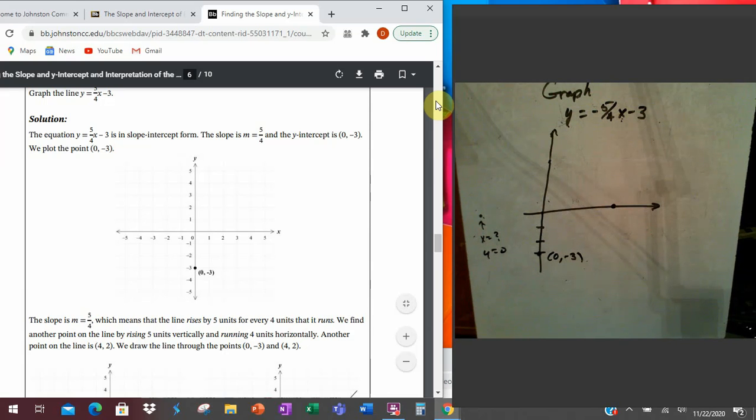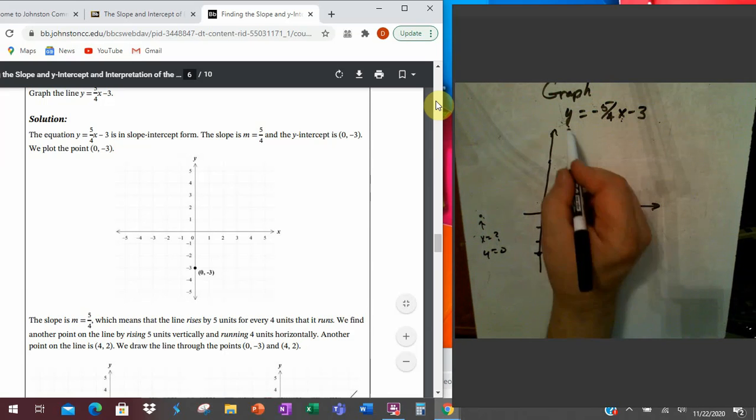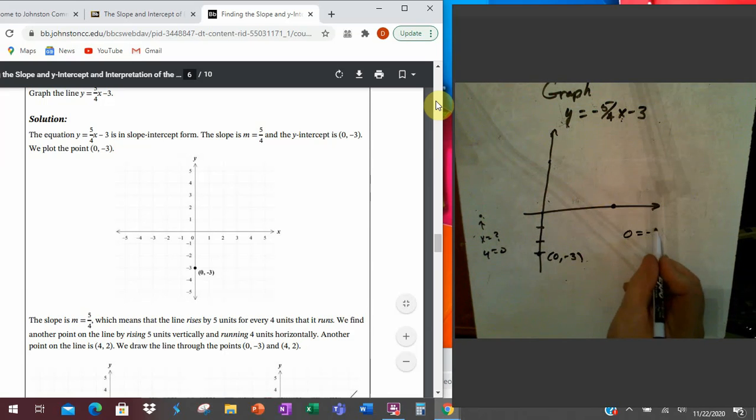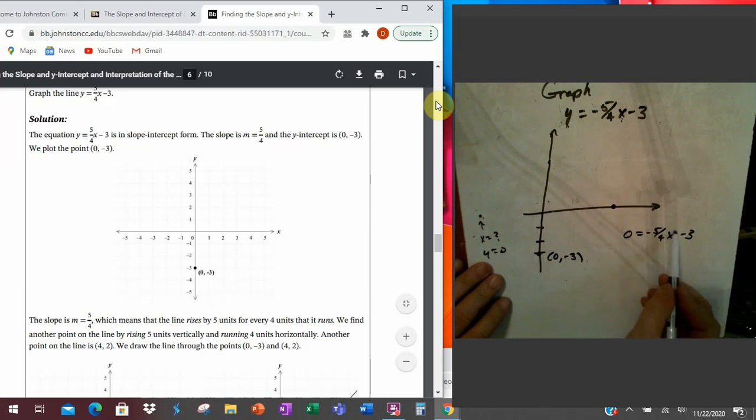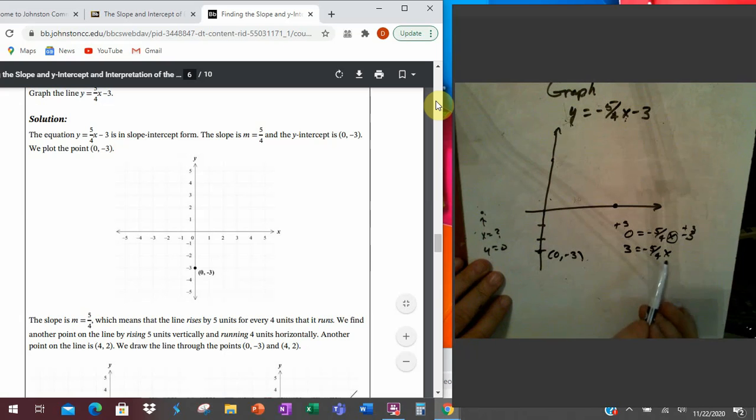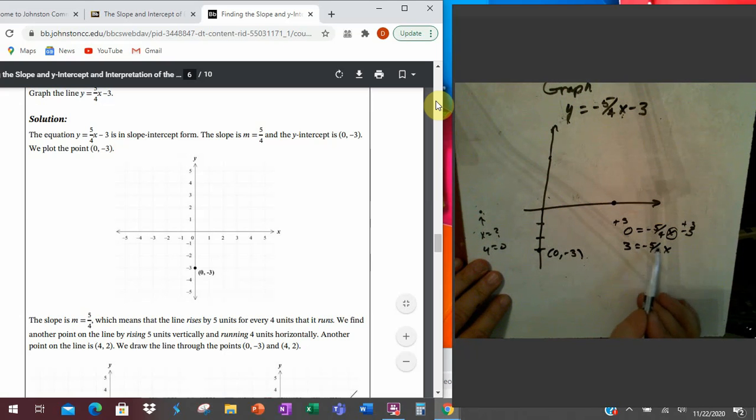And I would do the same thing I did a while ago when I was doing b. So I set this equal to 0: 0 = -5/4 x - 3. And then I'd solve for x. Plus 3, 3 is equal to -5/4 x. And now I would just multiply by 4 to get rid of this and divide by, let's say, -5. But I'm going to multiply by -4/5 over here.